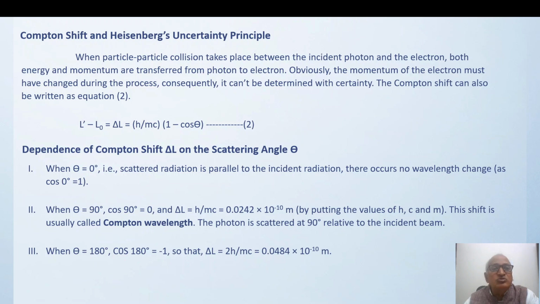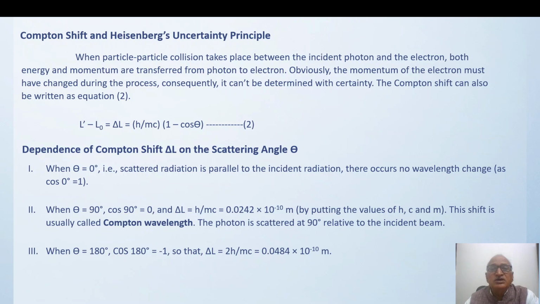Both energy and momentum are transferred from photon to electron, not wholly, part of it. Obviously, the momentum of the electron must have changed during the process. Consequently, it cannot be determined with certainty.